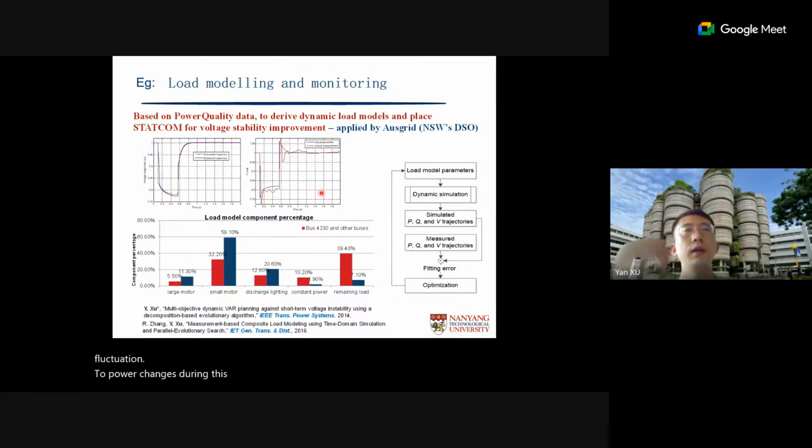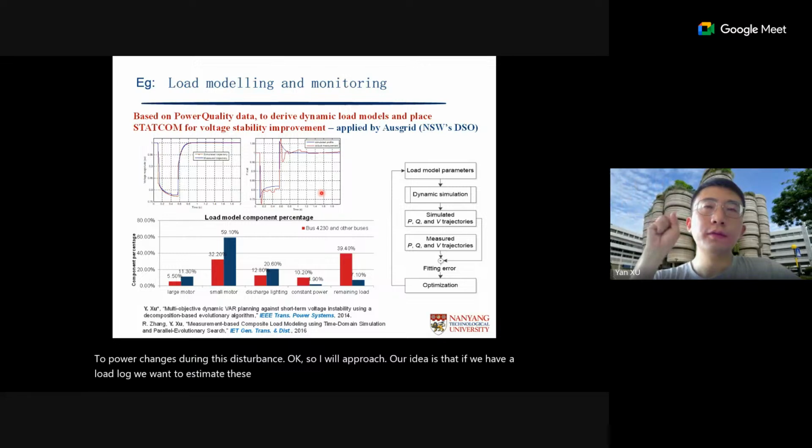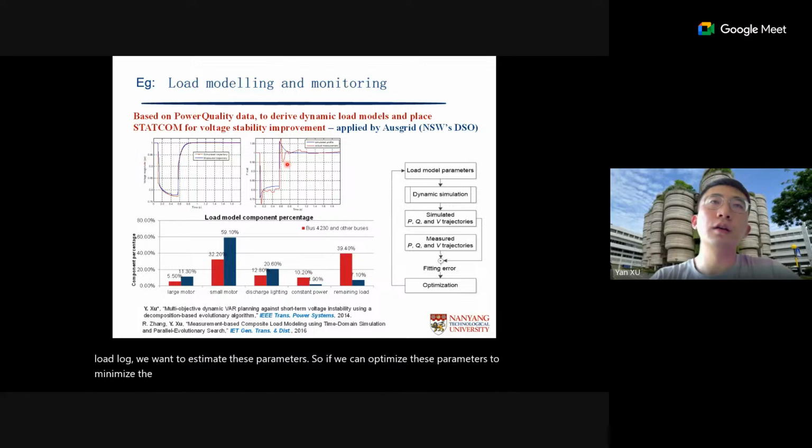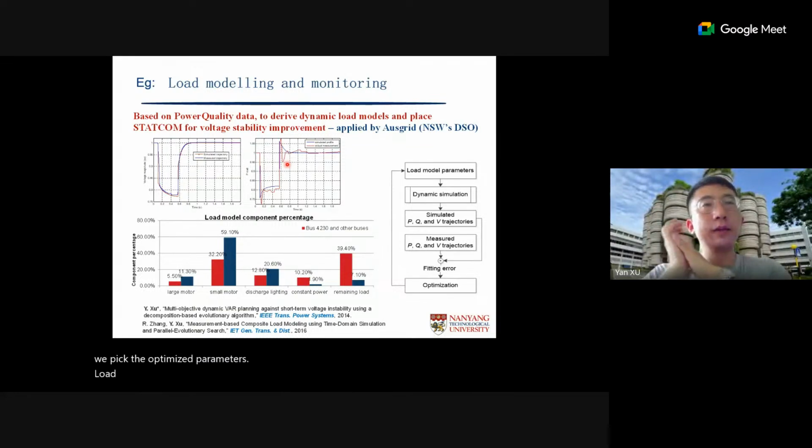Okay. So our idea is that if we have a load model, we want to estimate its parameters. So if we can optimize these parameters to minimize the difference between the simulated voltage and power curves and the measured voltage and power curves, then the optimized load parameters will be the ones close to the reality, right?